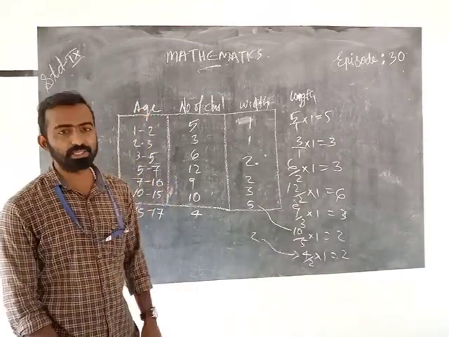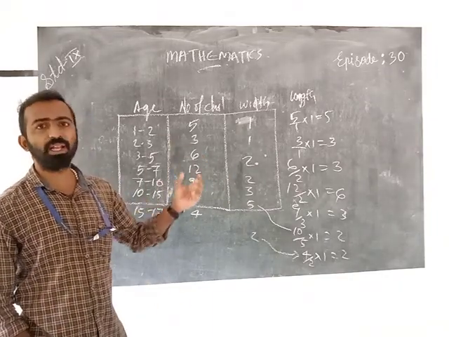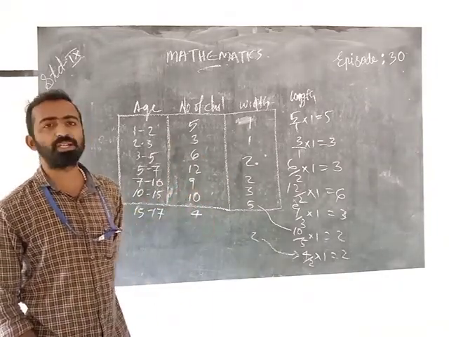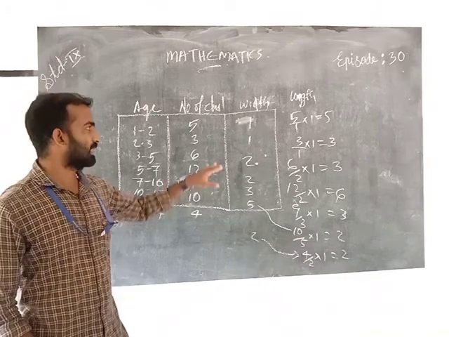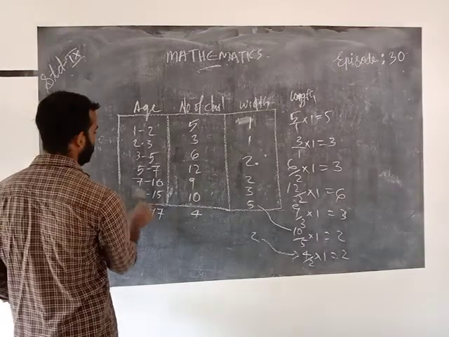Next, we draw the graph. When we draw a graph, first we make a table. Here is the table for the histogram, and just for the space, I erase this.